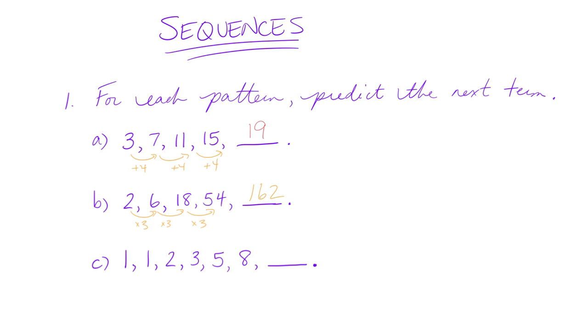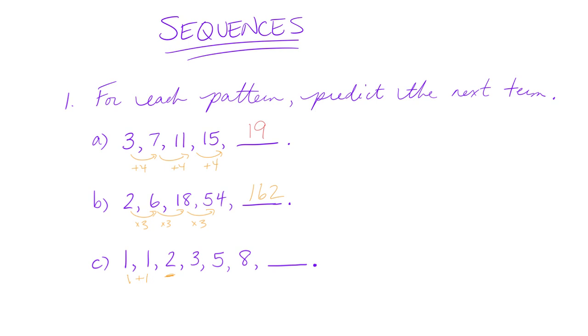And the last one happens to be a bit of a favorite. It's a famous one. If you happen to know the name of it, it's called the Fibonacci sequence. And what it is, each term is made up of the sum of the 2 previous terms. So you'll notice this term that I'm underlining here is made up of the 2 previous terms being added together.